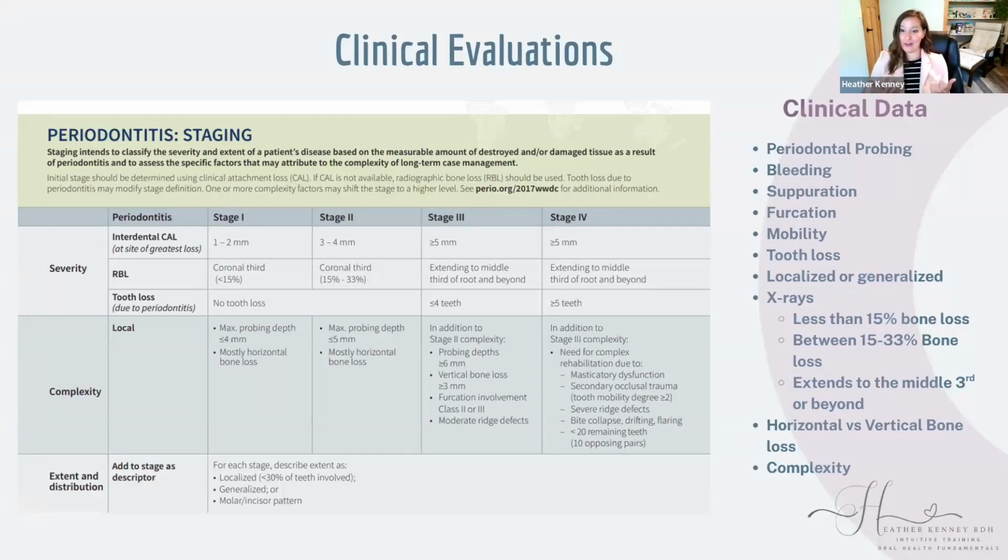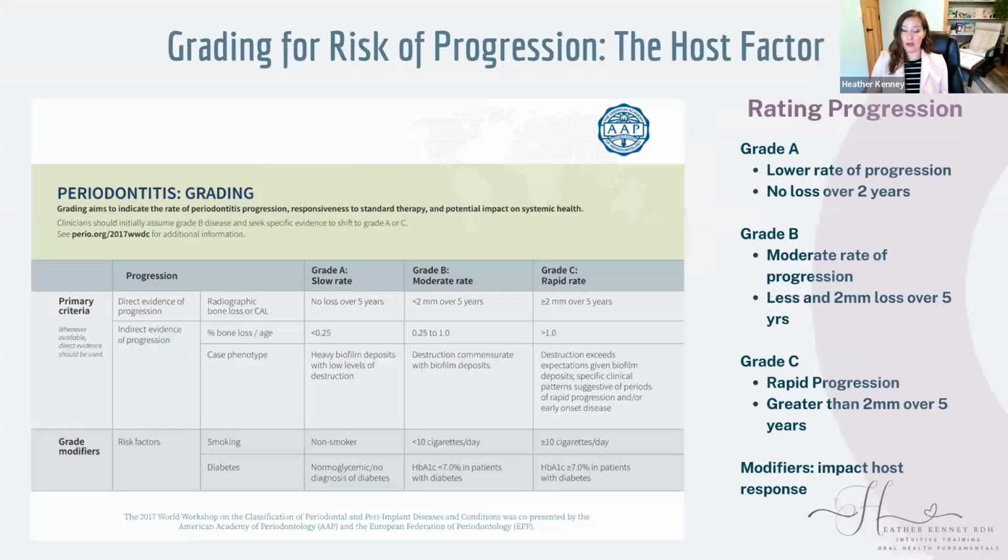Disease looks different for everybody. So we need to make sure that we're doing a full assessment of our patients so that we know where they're at with their disease process. And then also we need to understand the grading component of it, whether it's fast progressing or slow progressing. Some people are high responders. We need to respond differently to those individuals.